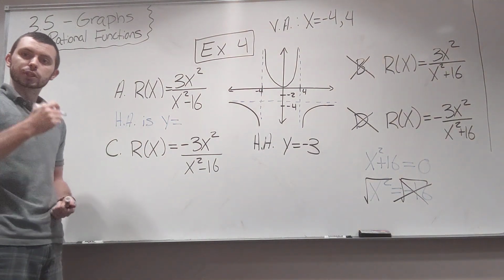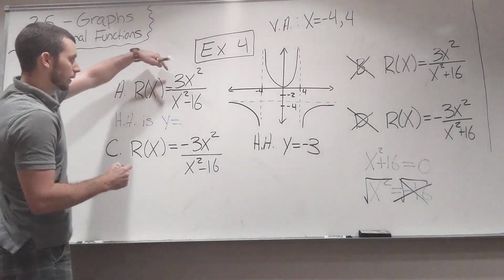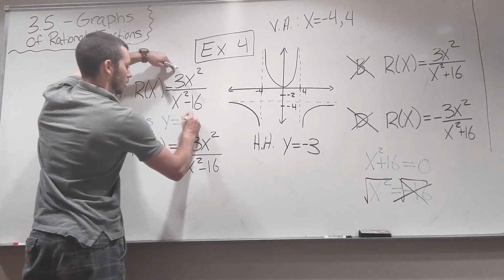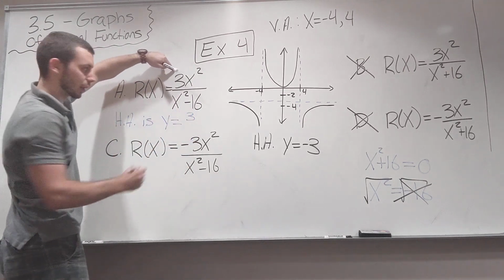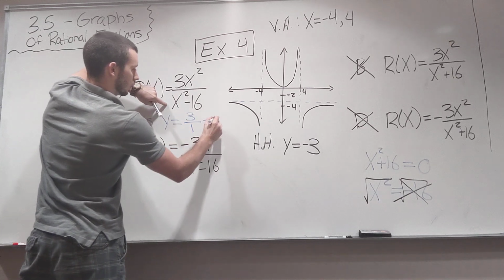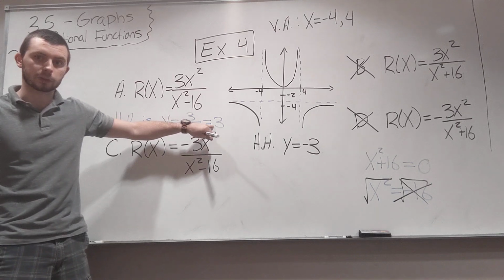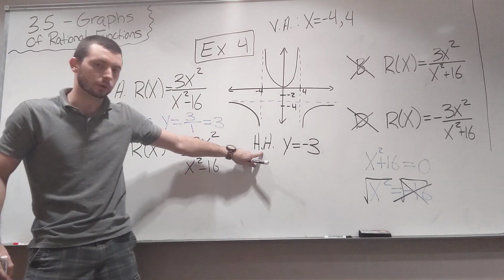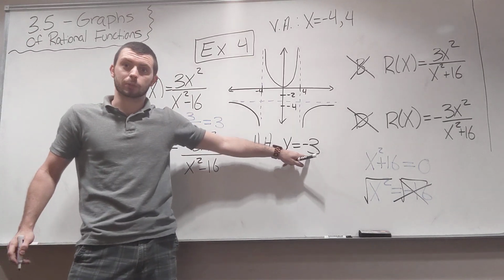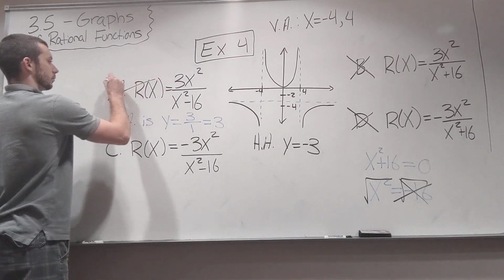The leading coefficients here are 3, and I said ratio, so that means a fraction, divided by 1. So this one has a horizontal asymptote of +3, but we needed -3. So we can immediately cancel this one out as well.